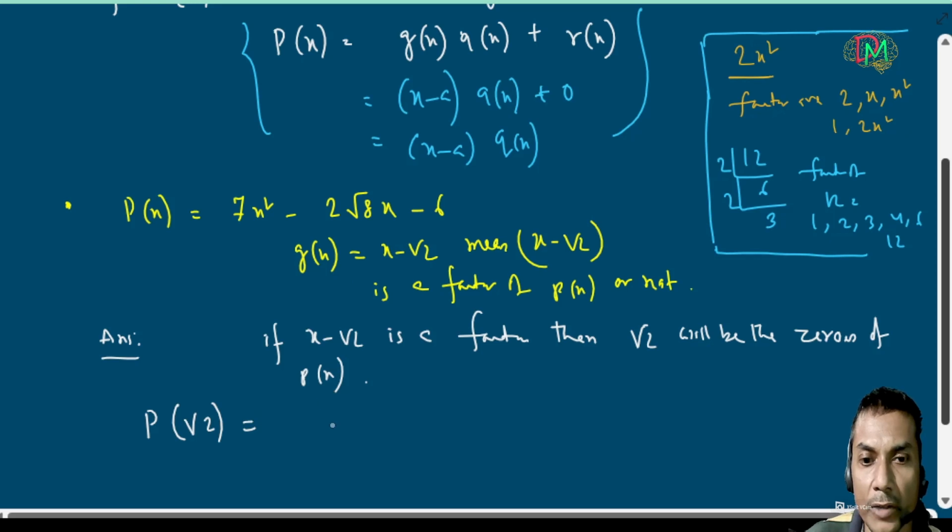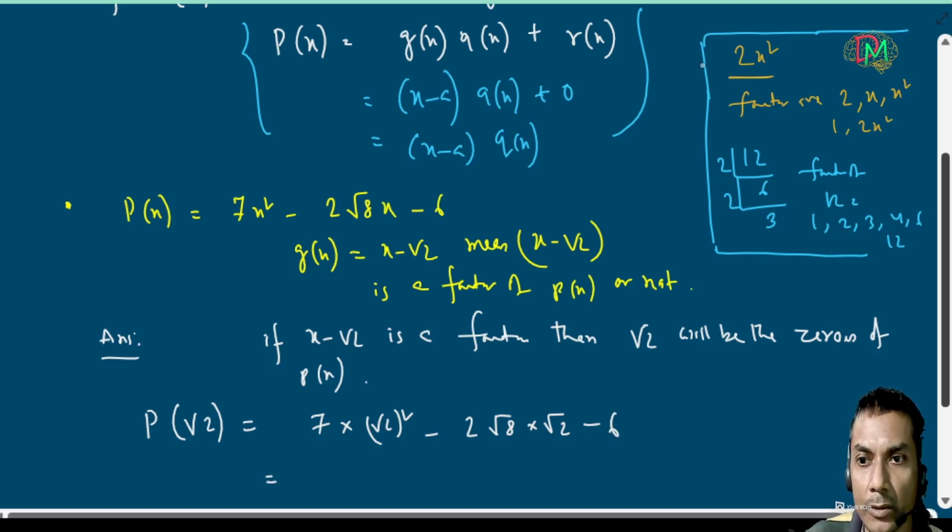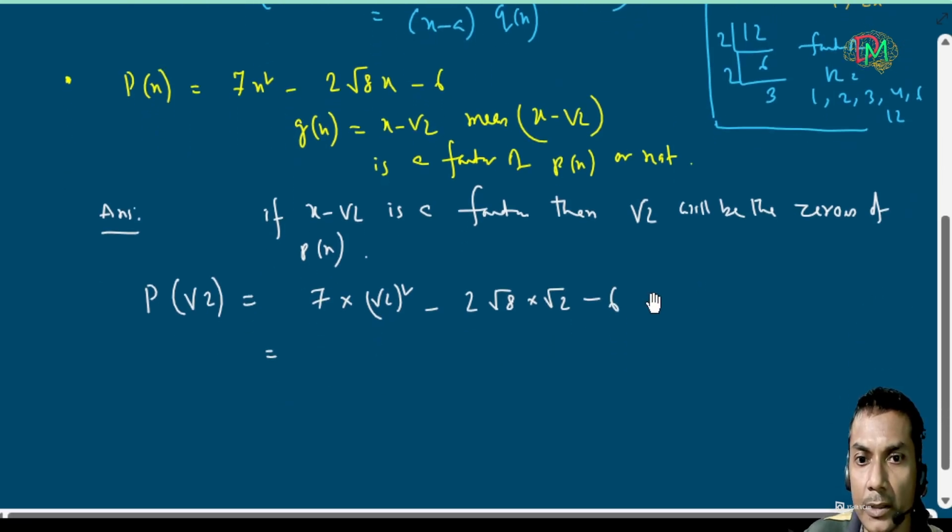So what value do we get? We get 7 into root 2 squared minus 2 root 2 into root 2 minus 6. You get 7 into 2 minus 2 into 16 root, minus 6.